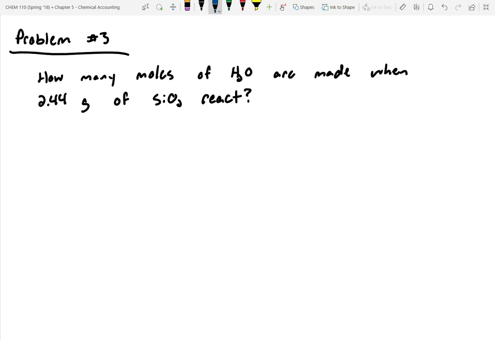And I'm going to go ahead and just redraw our chemical equation. We've got SiO2 plus 4HF goes to silicon tetrafluoride, SiF4, plus 2 water molecules.